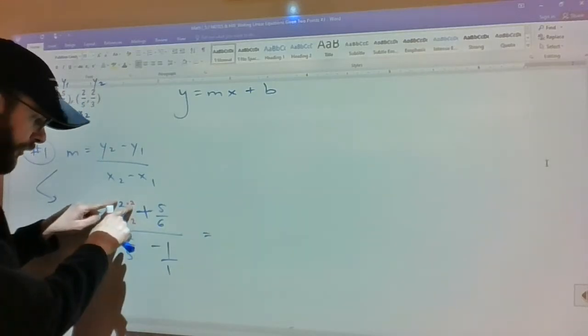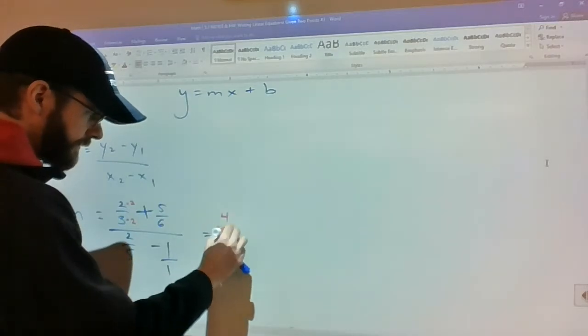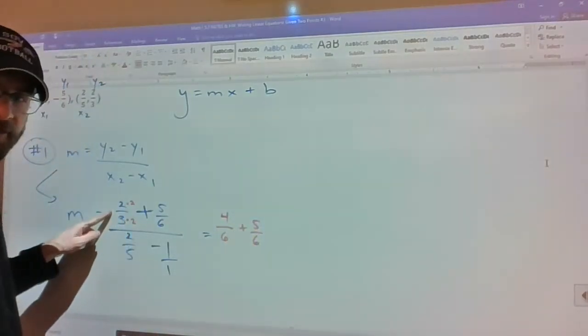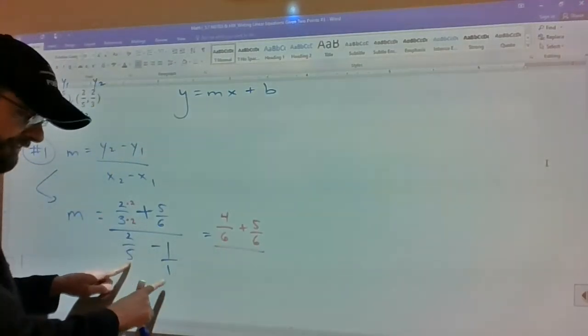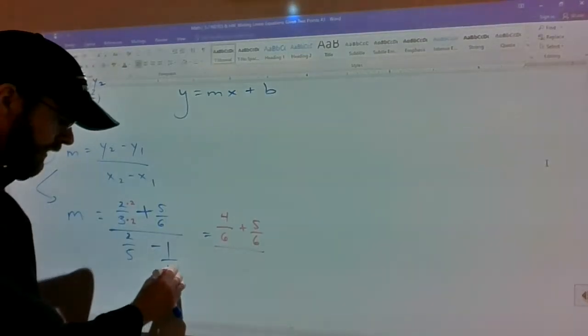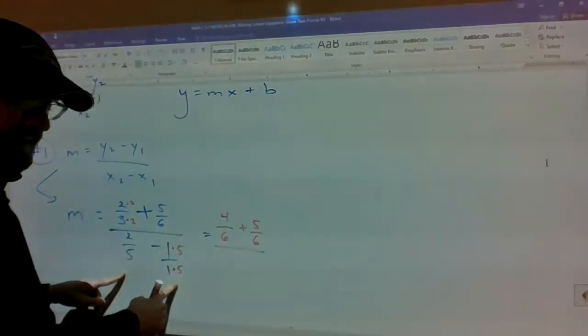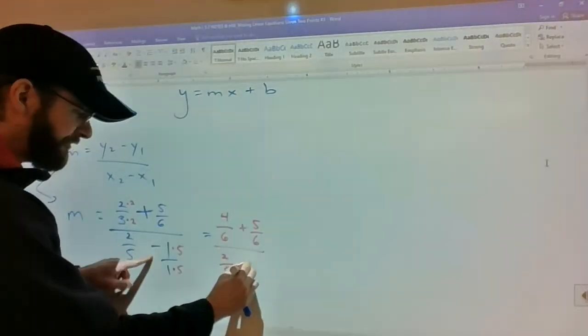You get 4 over 6 plus 5 over 6. So there is the numerator of my fraction. On the bottom, you got a 5 and a 1. So getting 5 to be the number that they both divide into is a pretty good idea. So 2/5 minus 5/5.